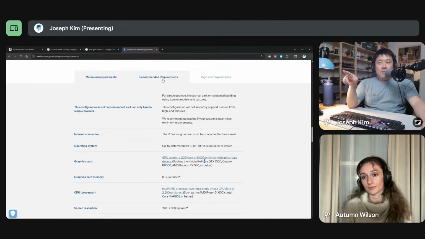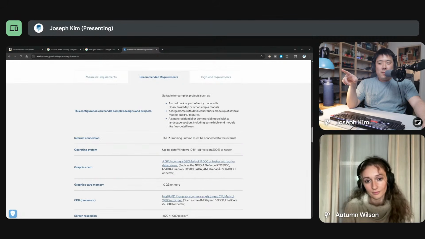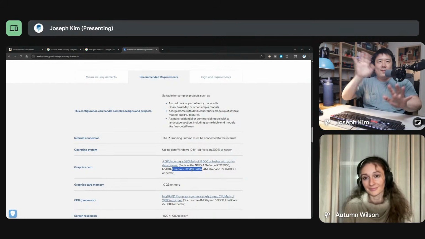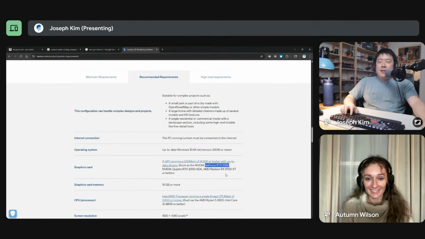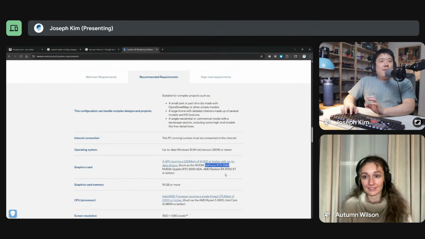When you look at recommended, then you start talking about the RTX 3060 or Quadro RTX 2080. These are all model numbers that probably don't mean anything to you. It's gibberish. It really is, and that's why it's so daunting for people coming into this for the first time.